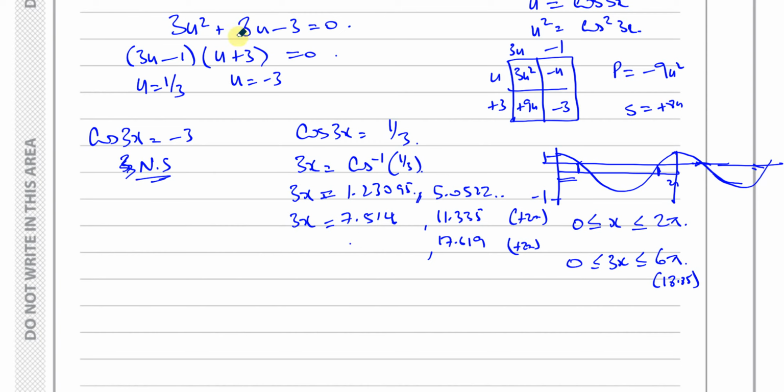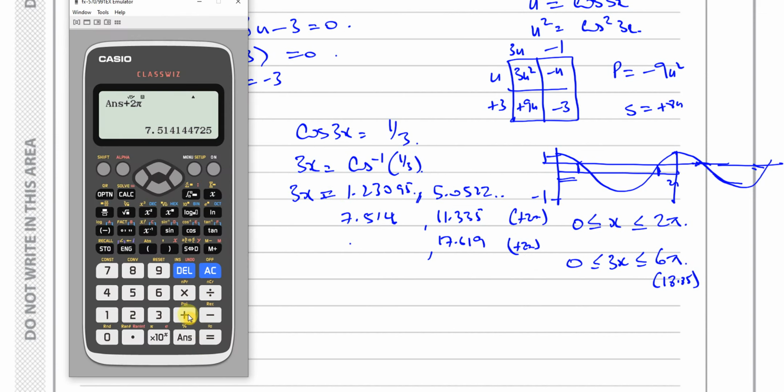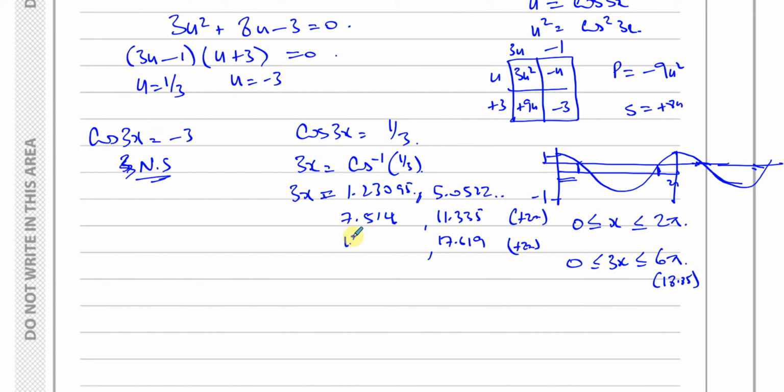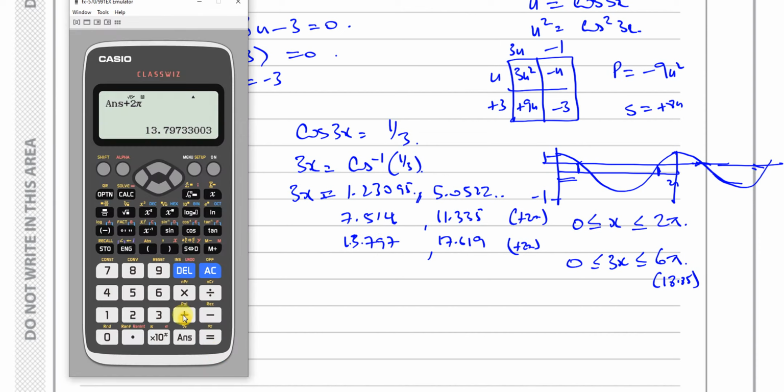I don't have to write 3x again. Okay, the next solution, I have to take this and add another 2 pi. That gives us 13.797. And if I add another 2 pi, I think I'll be outside of the range. Plus 2 pi gives us 20.085.